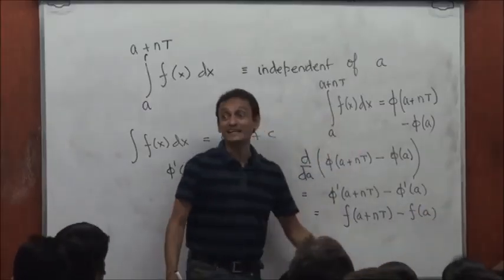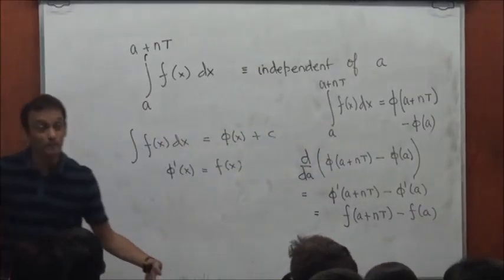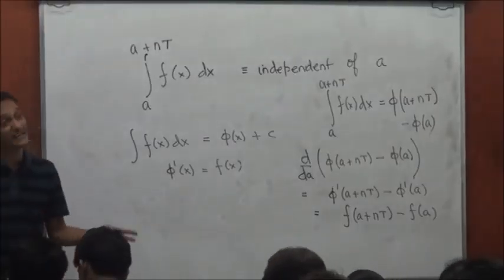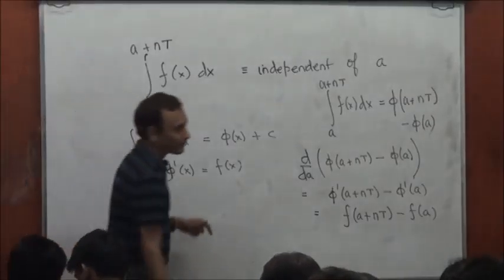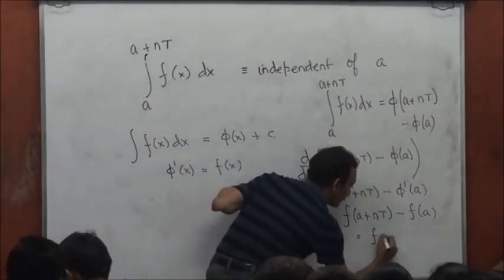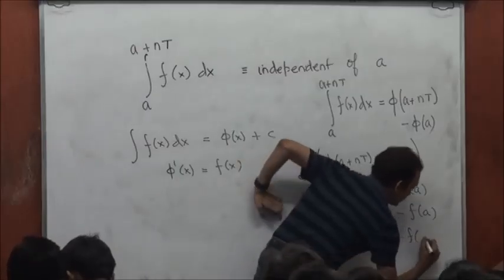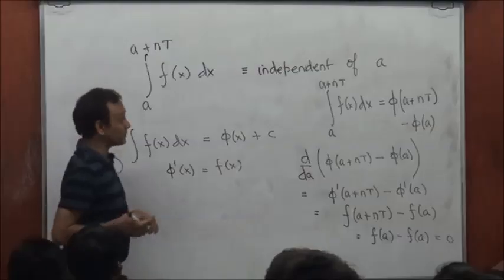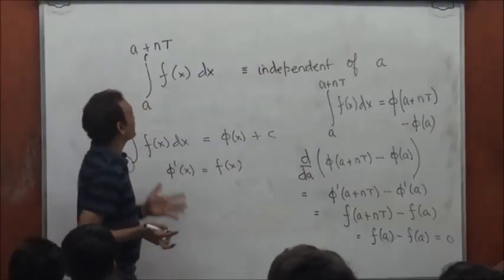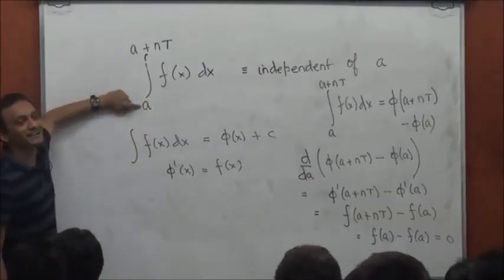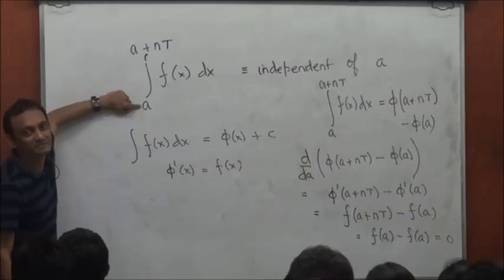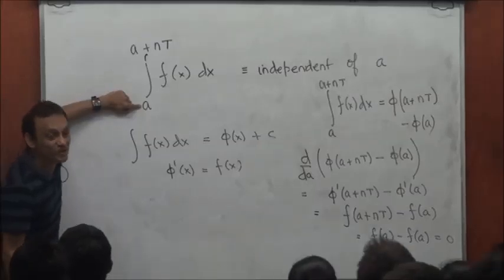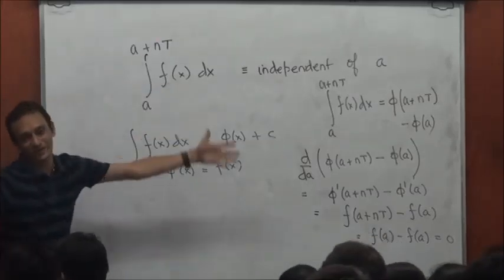But f of (a plus nt) is f(a), because t is the period of f(x). So this is f(a) minus f(a), which is 0. That means it's independent of a. You can plug in a equal to London, Patna, Paris, Hong Kong, Switzerland, whatever you like. It's going to have the same value. Got me?